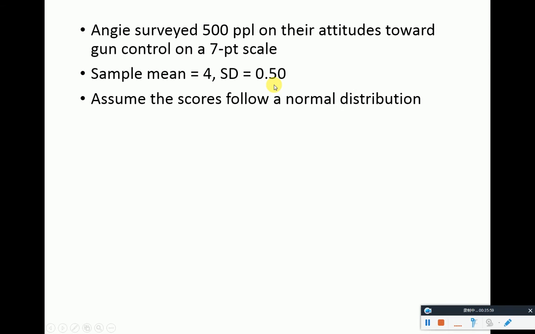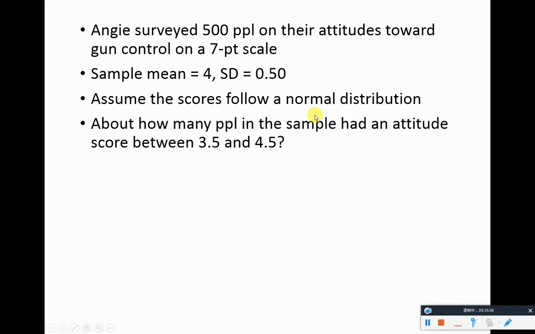We further assume that these 500 scores follow a normal distribution. I can ask about how many people in the sample had an attitude score that's greater than 3.5 and smaller than 4.5.